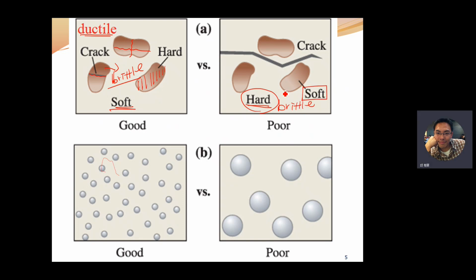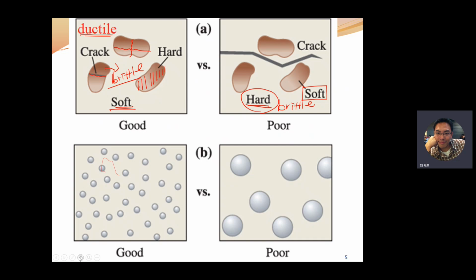That means the crack will propagate through the matrix, because the matrix is brittle and the dispersed second phase is soft.